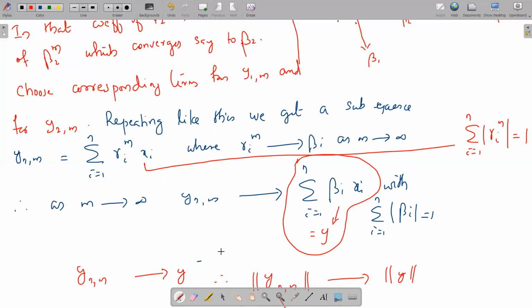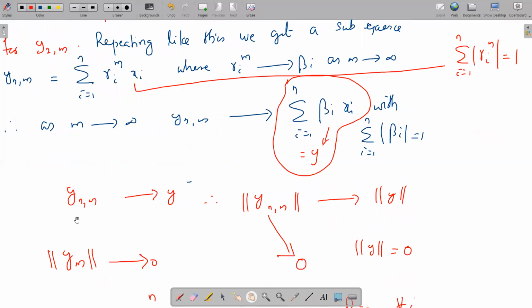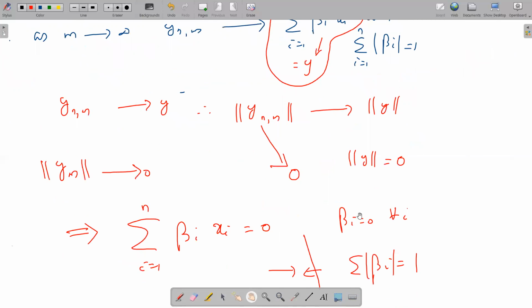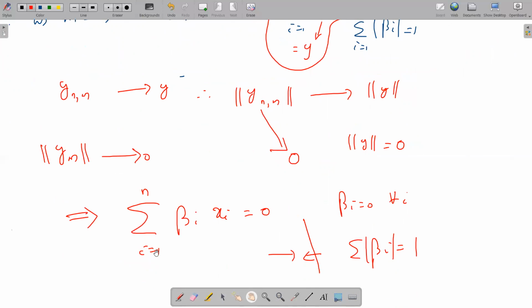But by our assumption, norm of ynm converges to 0. And since norm is a continuous function, whenever ynm converges to y and norm ynm converges to 0, norm y also converges to 0, or norm y equals 0.